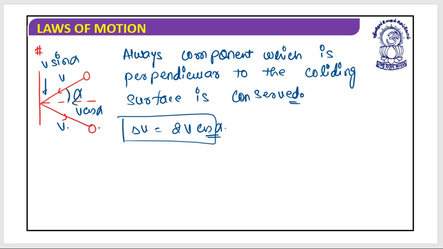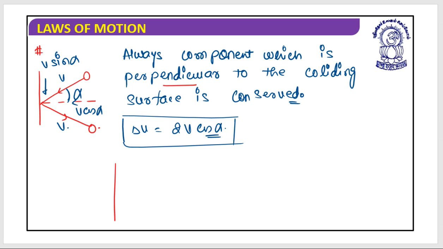No need to prove every time that this is cos alpha, this is sin alpha, and all that kind of stuff. Not at all required. You just need to check which component is perpendicular to the colliding surface. Always the component which is perpendicular to the colliding surface will be conserved. I hope these things are clear.